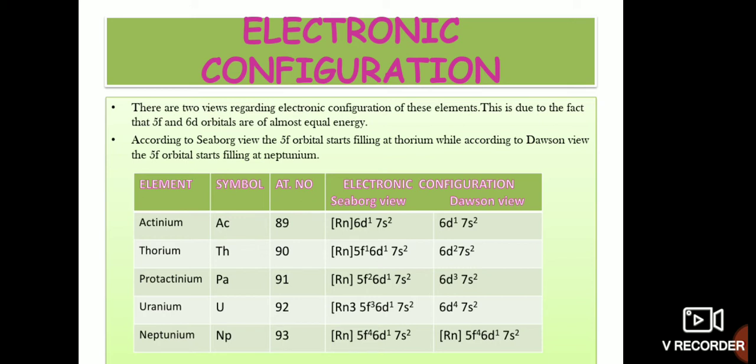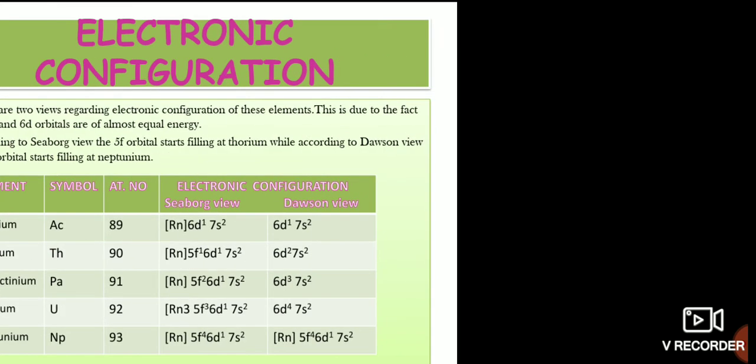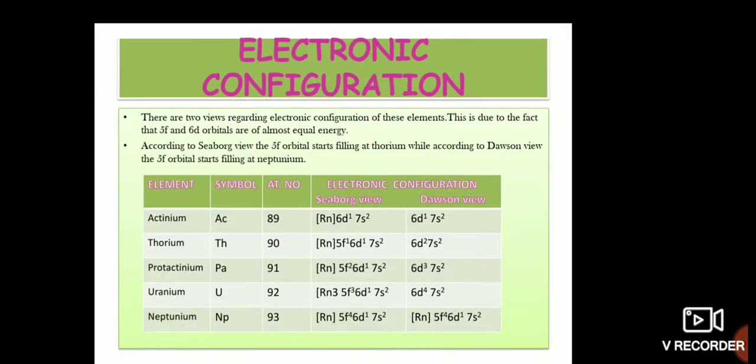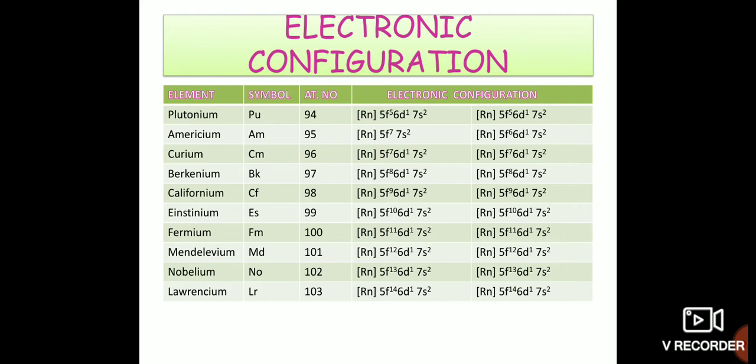Here 5f is 0. Thorium is radon 5f1 6d1 7s2, protactinium 5f2, uranium 5f3, neptunium 5f4, and according to Seaborg, plutonium 5f5.